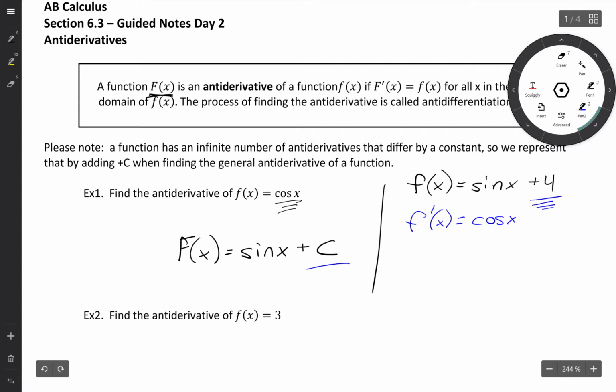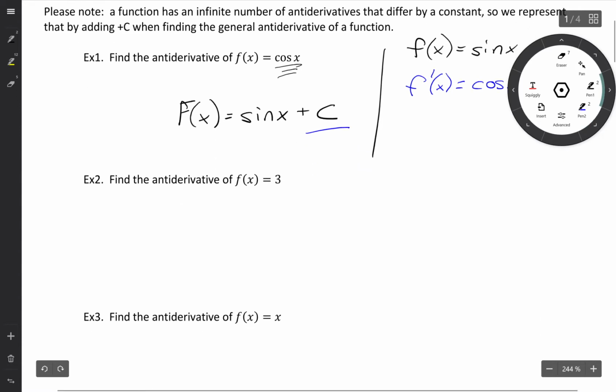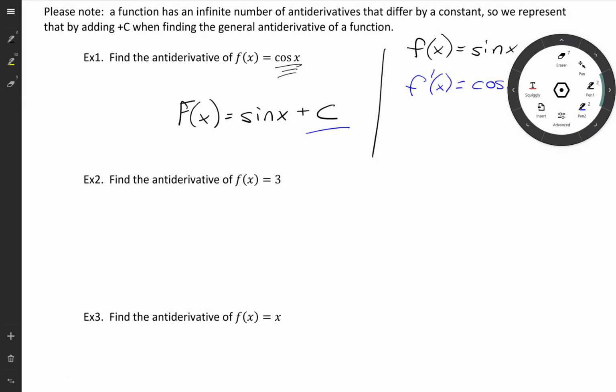So let's look at example 2. It says find the antiderivative of f of x is equal to 3. So what's the antiderivative of just a single constant? We have to think, what would the derivative of something that's a constant have been?